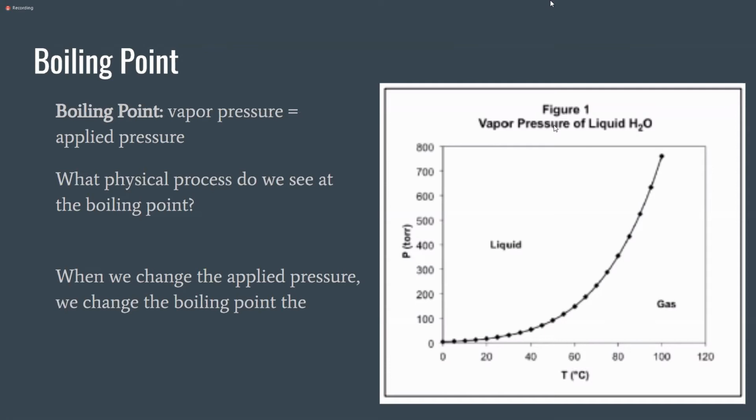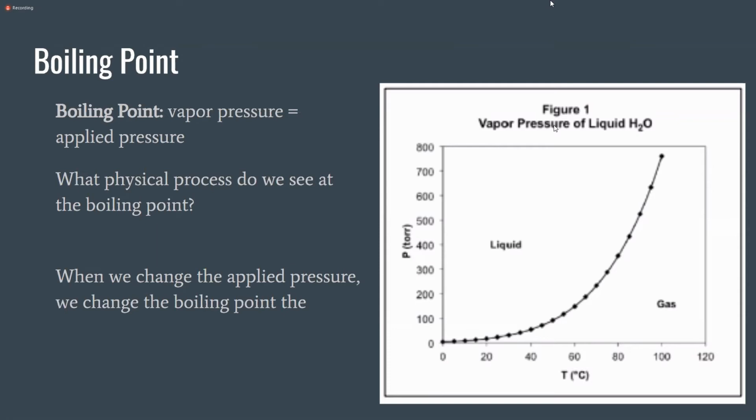So the pressure inside your gas bubble is equal to the vapor pressure. And the pressure pushing in on your bubble is equal to the applied pressure. So when the vapor pressure equals the applied pressure, the pressure inside your bubble equals the pressure outside your bubble, so the bubble can exist.